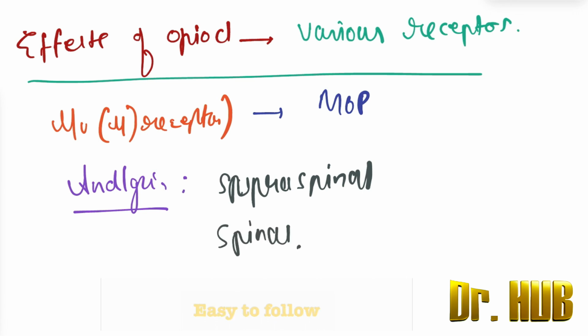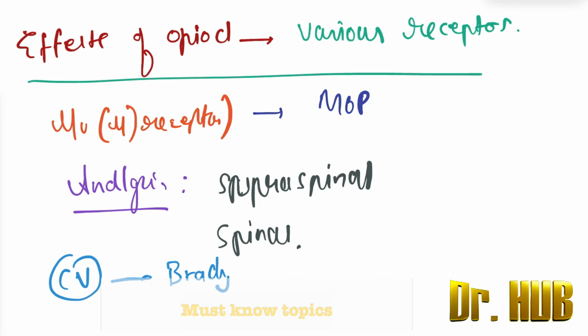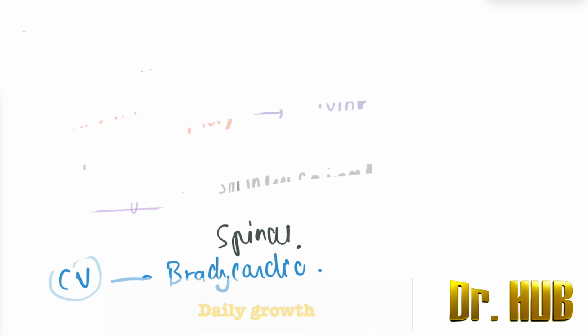Next, we look at the cardiovascular. Under cardiovascular, mu causes bradycardia. Then moving on, we look at respiratory. Under respiratory, there is depression.